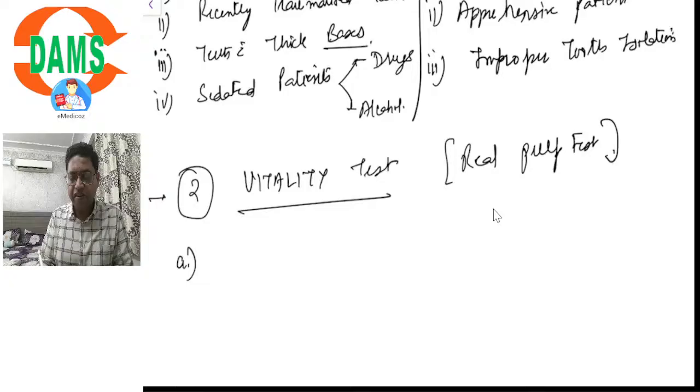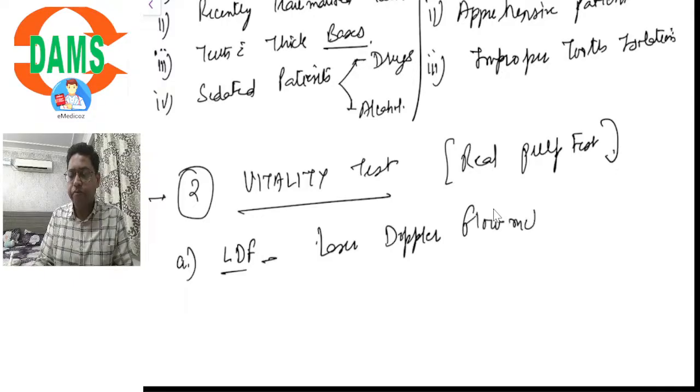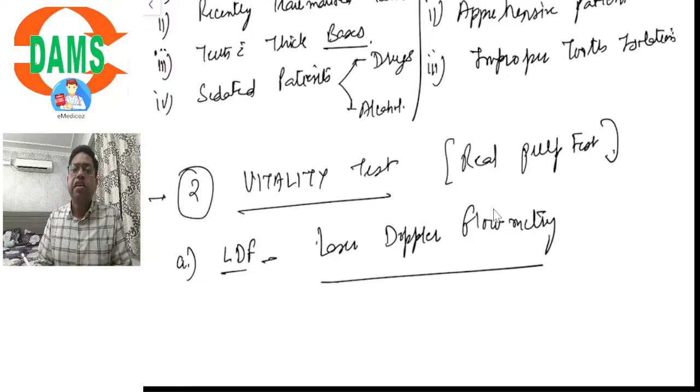The first test is LDF, that is laser Doppler flowmetry. See, the laser Doppler flowmeter is a device used in medical practice basically to find out the blood circulation in the microvasculature. Microvasculature is present in the retina of the eye, in the cortex of the kidney, and in the intestinal mesentery.